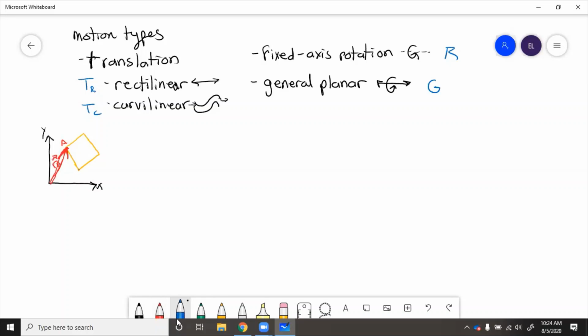And then we have a point B with position vector RB. And then we want to see the relative positions. This is our B with respect to A, and then RA with respect to B would go the opposite direction.